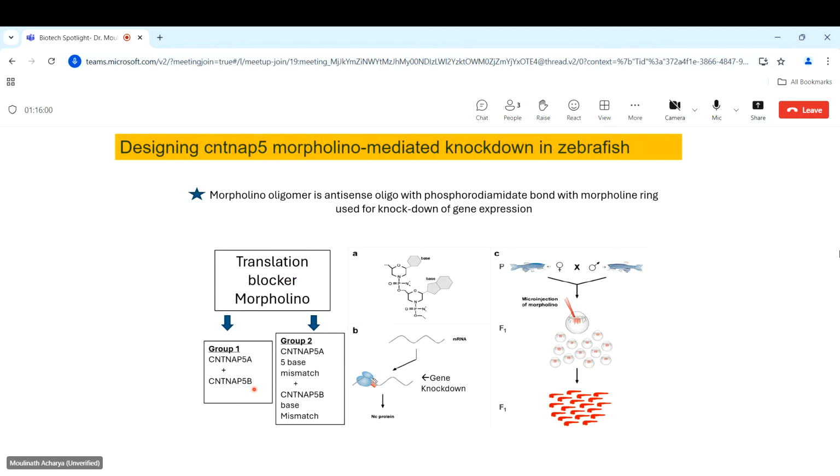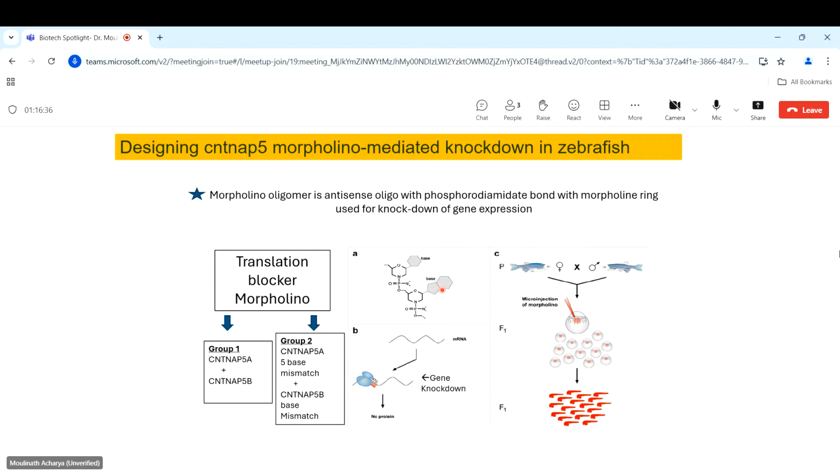Since in zebrafish most of the genome has undergone natural duplication, we have two orthologs of human CNTNAP5 in zebrafish, cntnap5a and cntnap5b. And like all morpholino studies, we have used a 5 base pair mismatch. So essentially, 5 different areas are mismatched so that it is used as a control. So we have different mismatch controls for cntnap5a and cntnap5b.